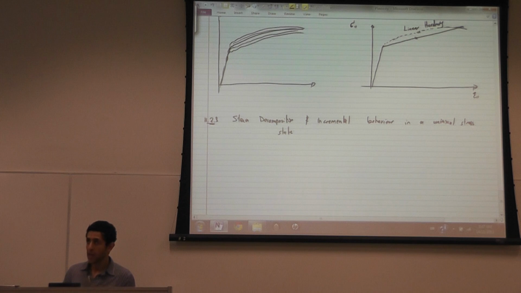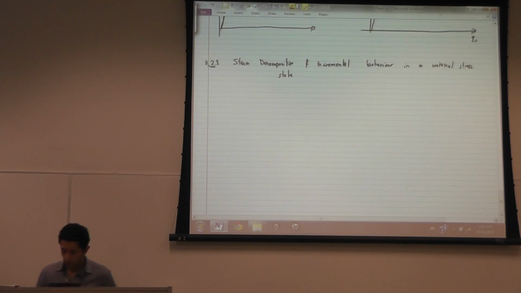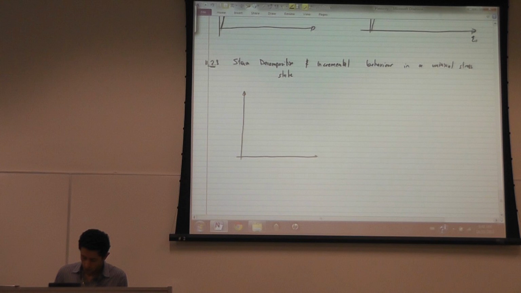So in a uniaxial stress state, this is what we do. First, this is the true stress versus the true strain.